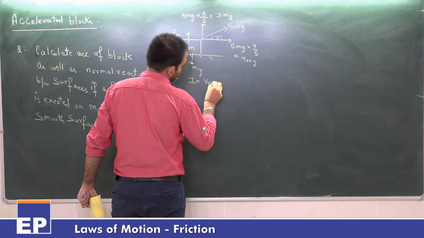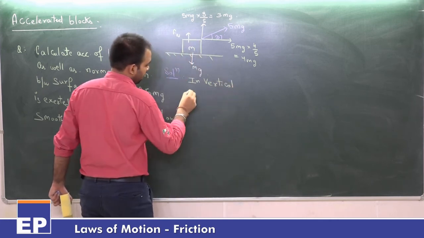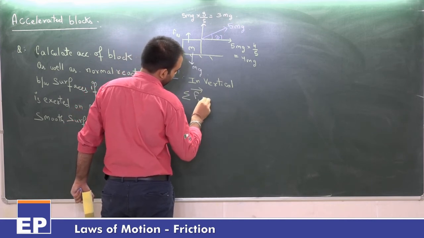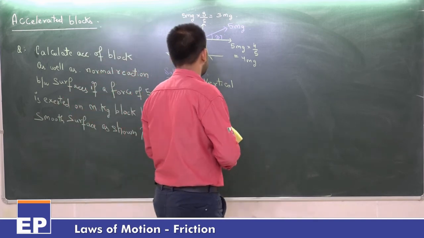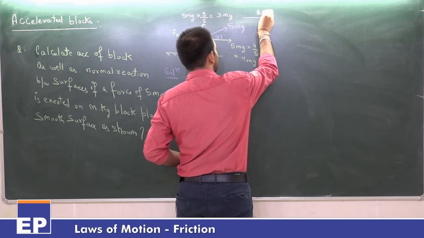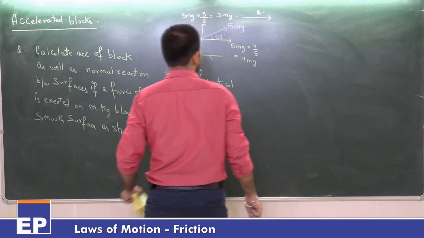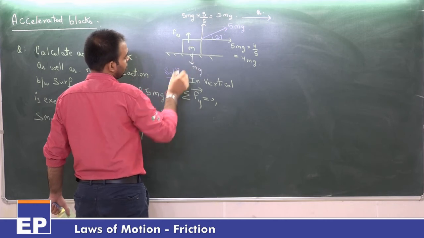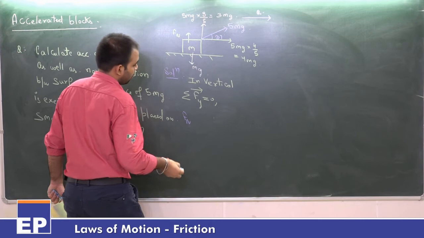In vertical, F is 0, because the net force in the vertical direction is 0. Of course, in the x direction, because it has this component, it will start moving in this direction with some acceleration a. I will take Fy as 0. These forces are in the upward direction, this is in the downward direction. So it means Fn I will take as positive, plus 3 mg.